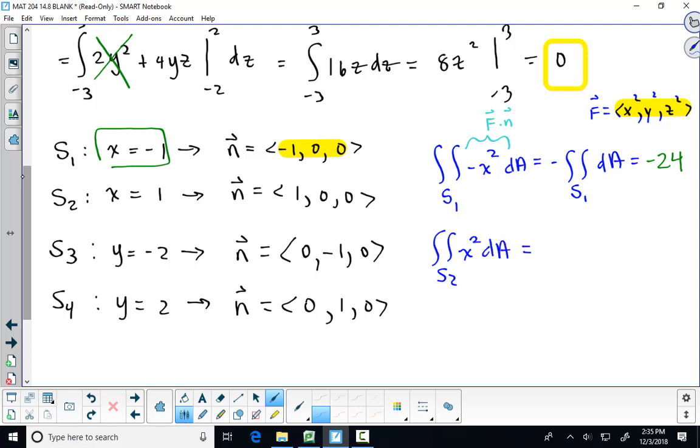Now x is 1 on this face, so we get just the double integral over S2 of dA. That means the area of S2, which is the same as the area of S1. So that's going to be +24. So now, front to back, there's just as much coming in as leaving. This measures how much is leaving face 2, and this is how much is coming in through face 1.